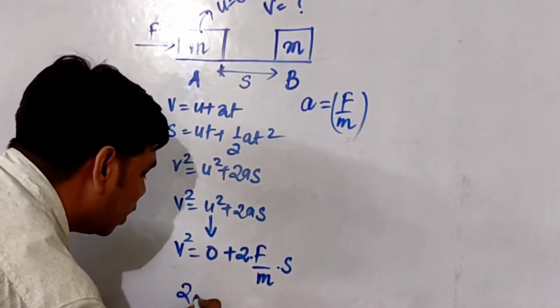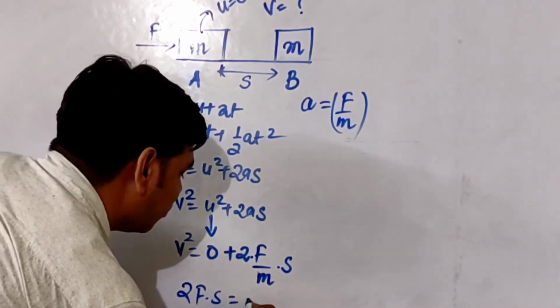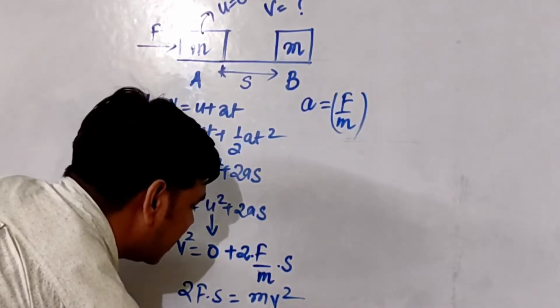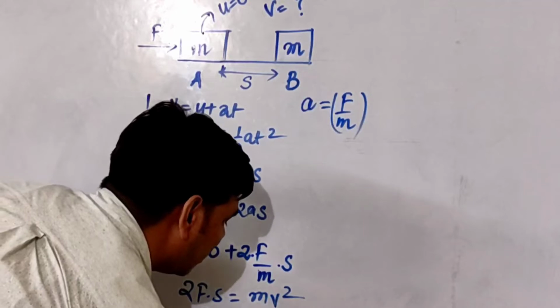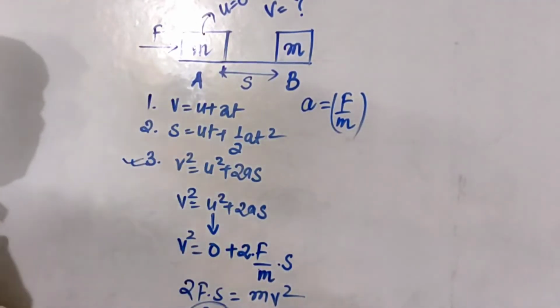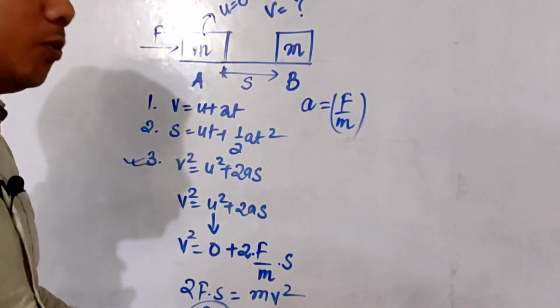So you can write 2F into S is equal to mv square, or you can write F dot S equal to mv square upon 2. So this is the product of force and displacement.